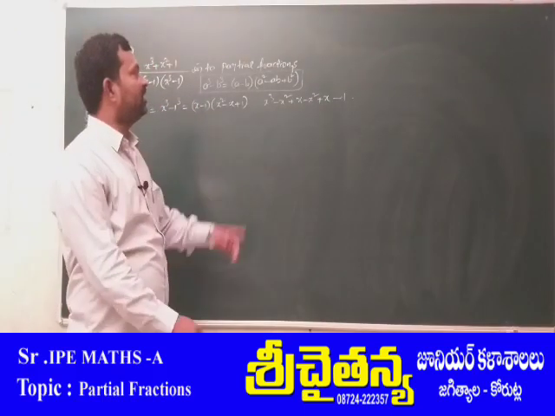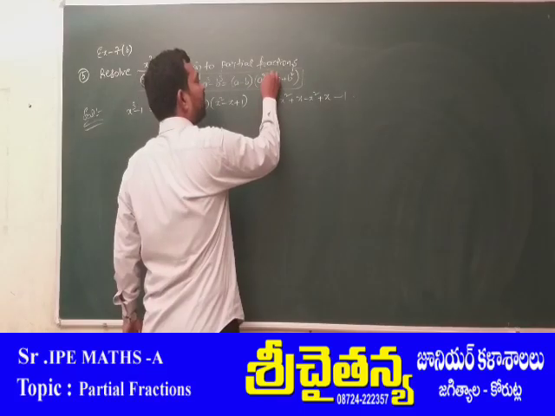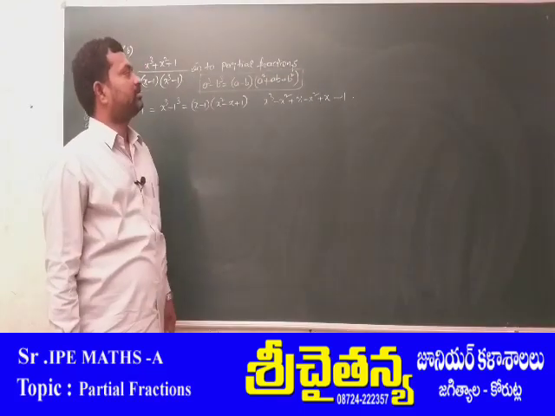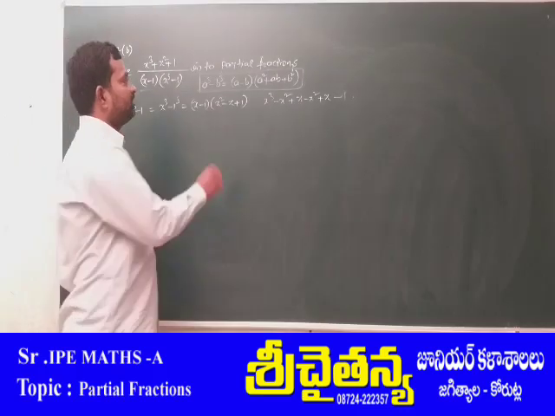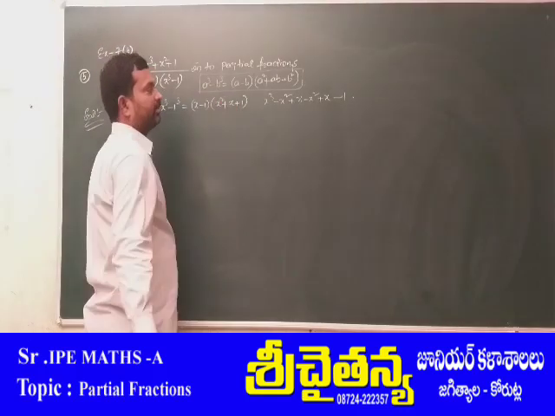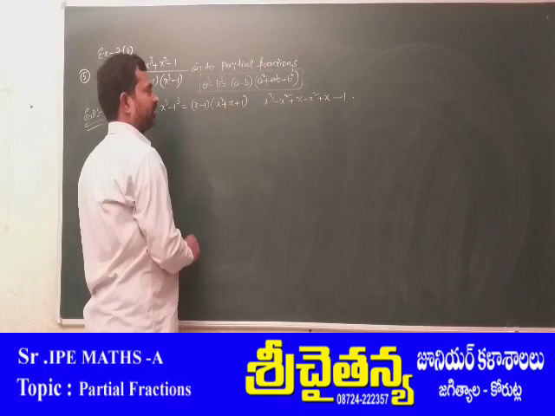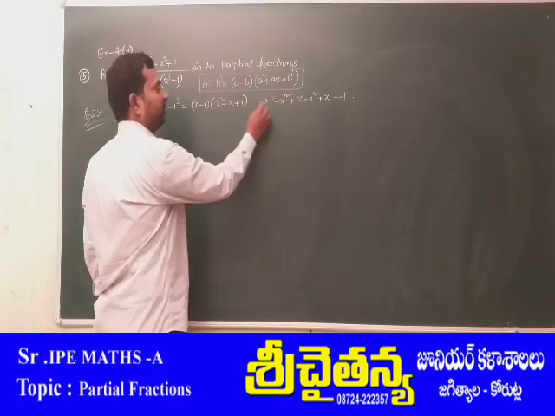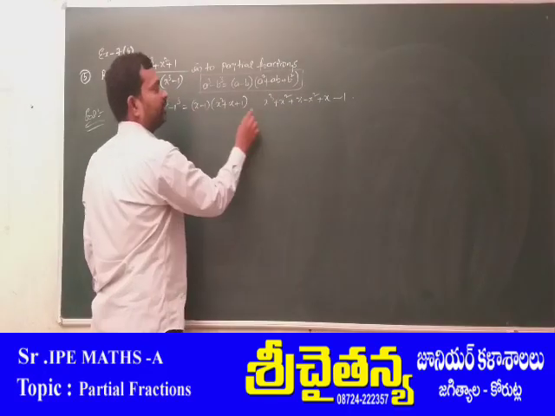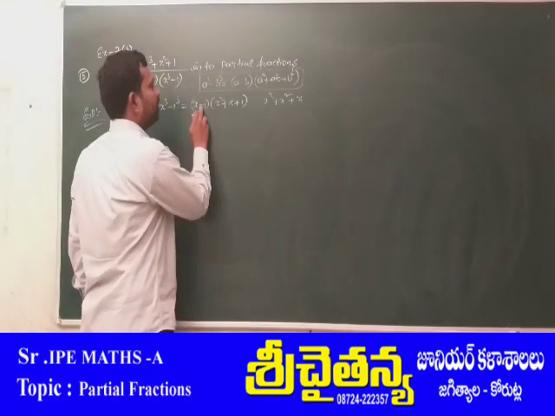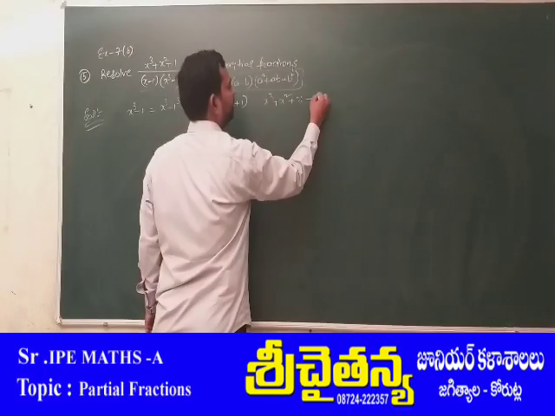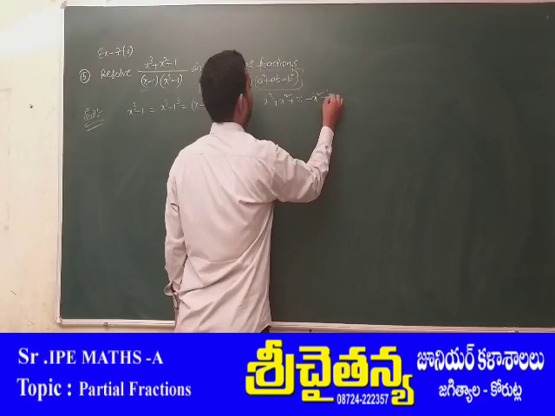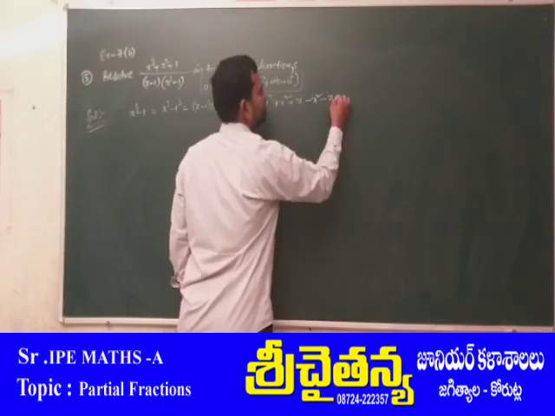If we write the formula as a minus b into a square plus ab plus b square, we get x square plus x plus 1. x into x square is x cube, x into x is plus x square, x into 1 is plus x. Minus 1 into x square is minus x square, minus 1 into x is minus x, minus 1 into 1 is minus 1.